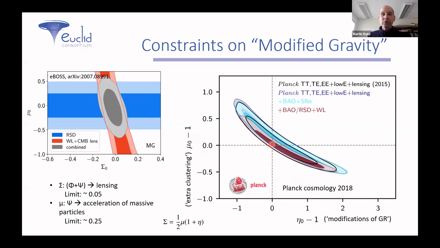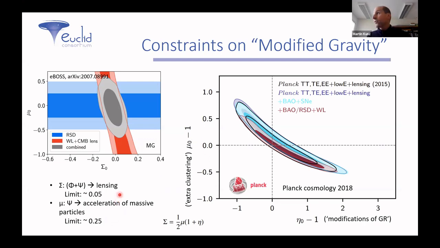You can see also here that it's consistent. This direction is the mu direction, which is less well constrained, and this is the sigma direction. So we have about 5% error on the gravitational lensing parameter, and about 25% on the extra clustering, which I would call the mu parameter.